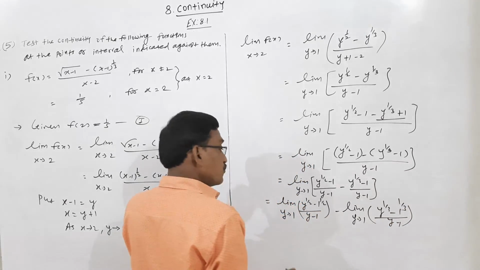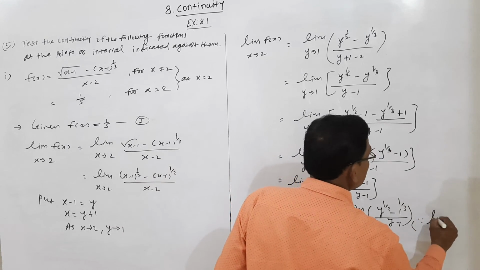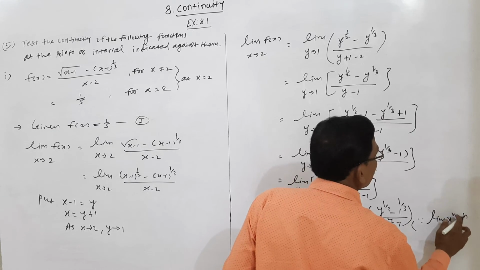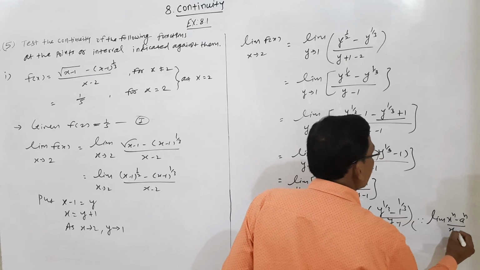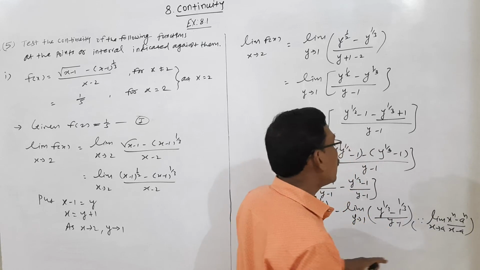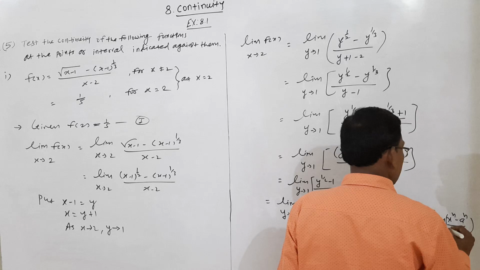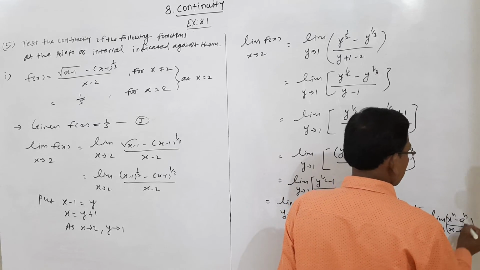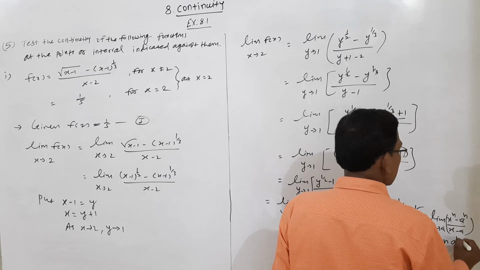Here we use the formula: the limit as x tends to a of (x raised to n minus a raised to n) divided by (x minus a) gives n times a raised to n minus 1.